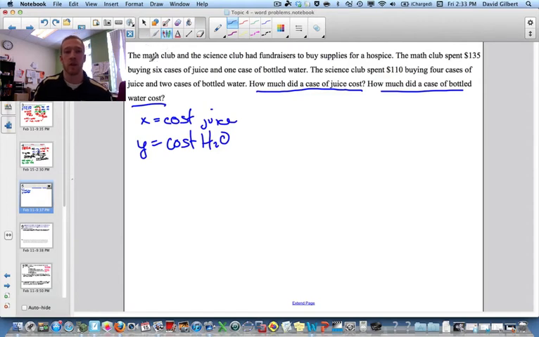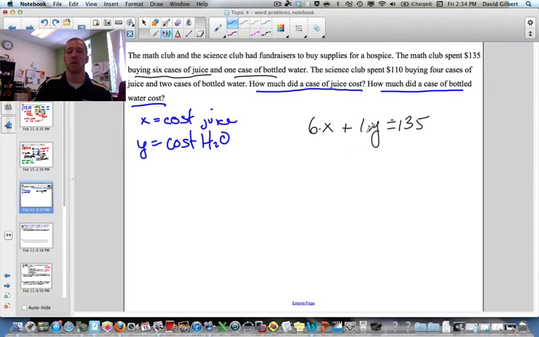So the science and math clubs are doing fundraisers. Math club spent $135 total. So equals 135 is our first total. How do we get that total? 6 cases of juice and 1 case of bottled water. So if we take the cost of the juice and multiply it by the number, and then the cost of the water and multiply it by that number of waters, that gives us the total cost, right?